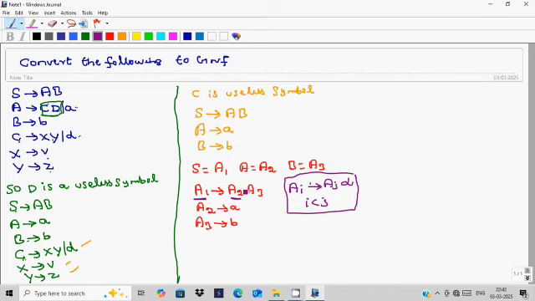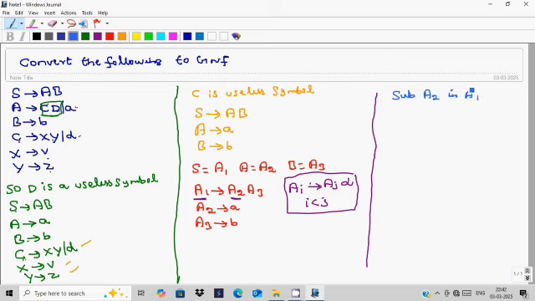Now you will find out whether A2 has any replacement. A2 has a replacement here, so you will replace that. The way to replace it is to substitute A2 in A1.